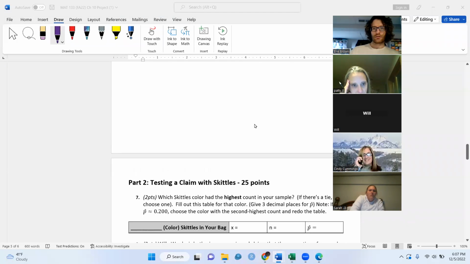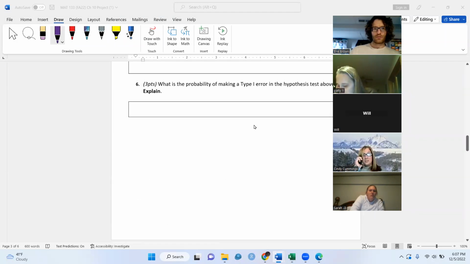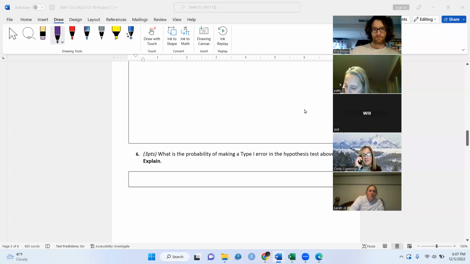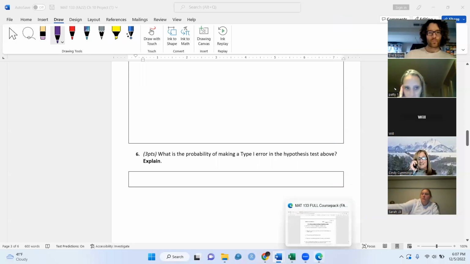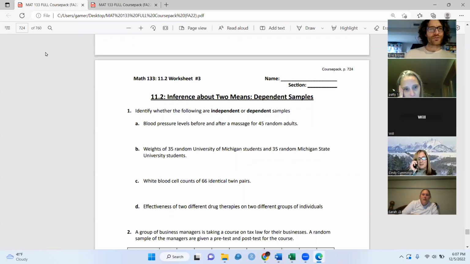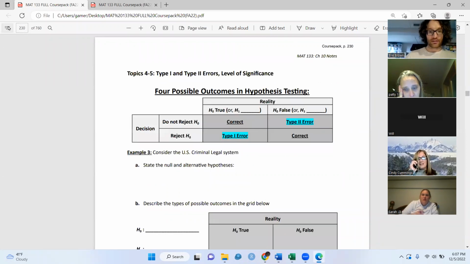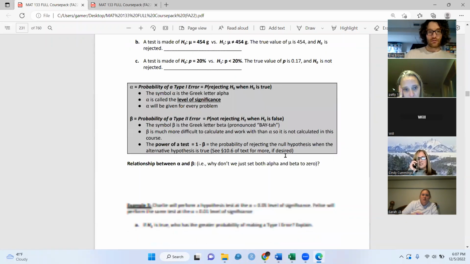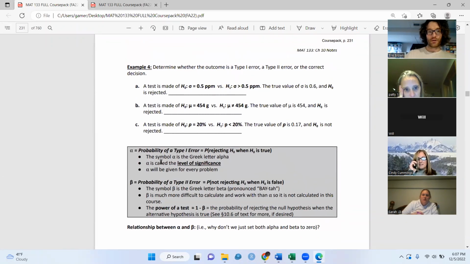I struggle with number 6, about probably making a type 1 error in the hypothesis test above. Yeah, everyone struggles with that one because you're thinking it needs to be more than what it is. If you go to page 231, you're told that alpha is the probability of a type 1 error.